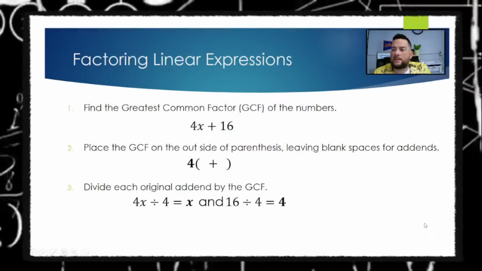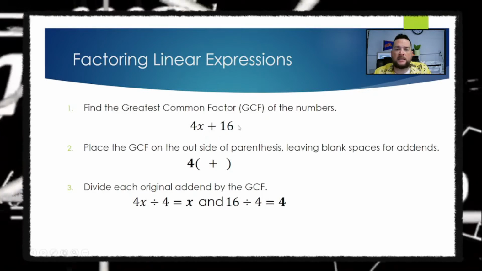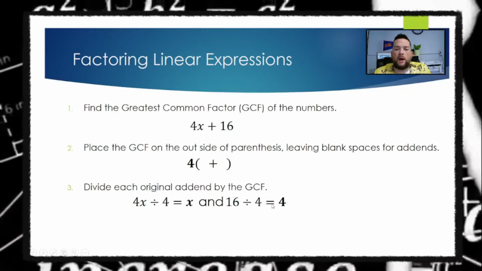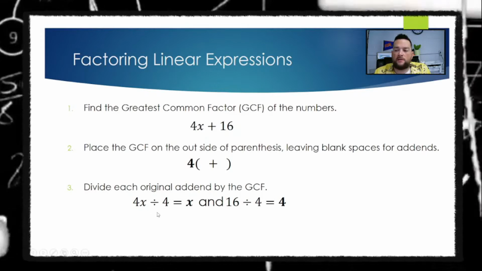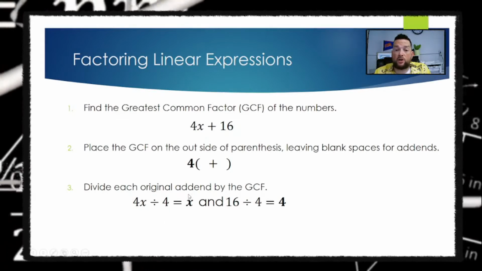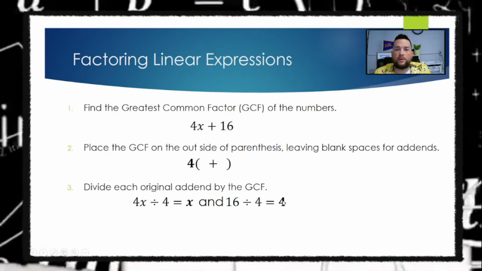Then we're going to take each of the original add-ins, 4x and 16, and divide them by the greatest common factor, 4. So 4x divided by 4 is just 1x, because 4 divided by 4 is 1, and we keep our x. And 1x can be simplified to just x. And 16 divided by 4 is 4, right?